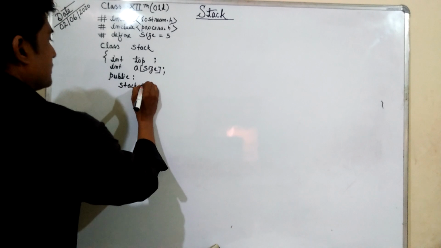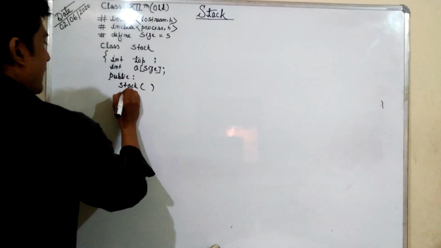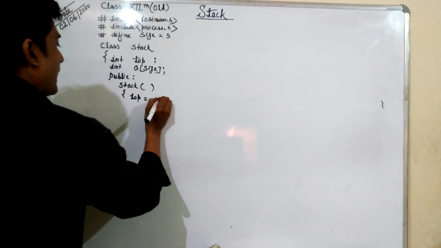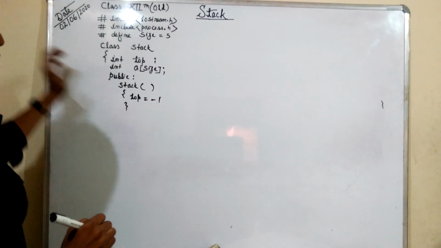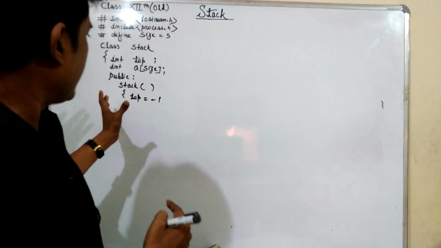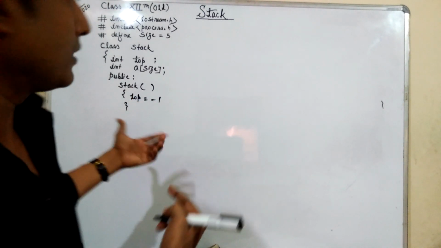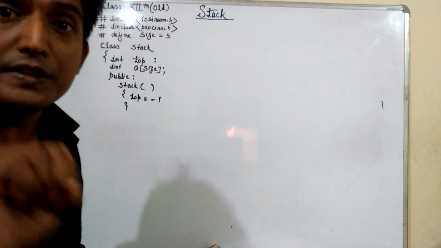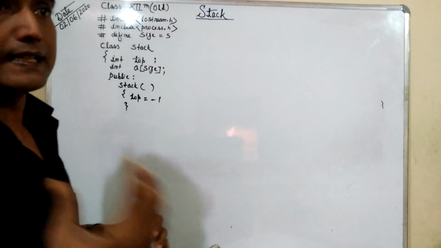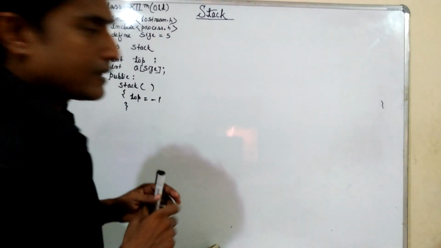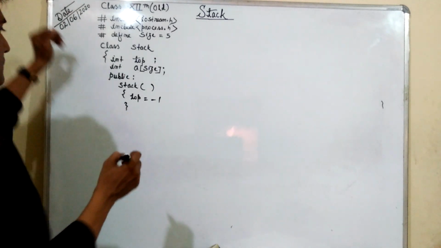Here we have to initialize top equal to -1, and when the object of this class is created, this constructor will be automatically executed. That is the significance and feature of the constructor. So here I have taken the constructor.